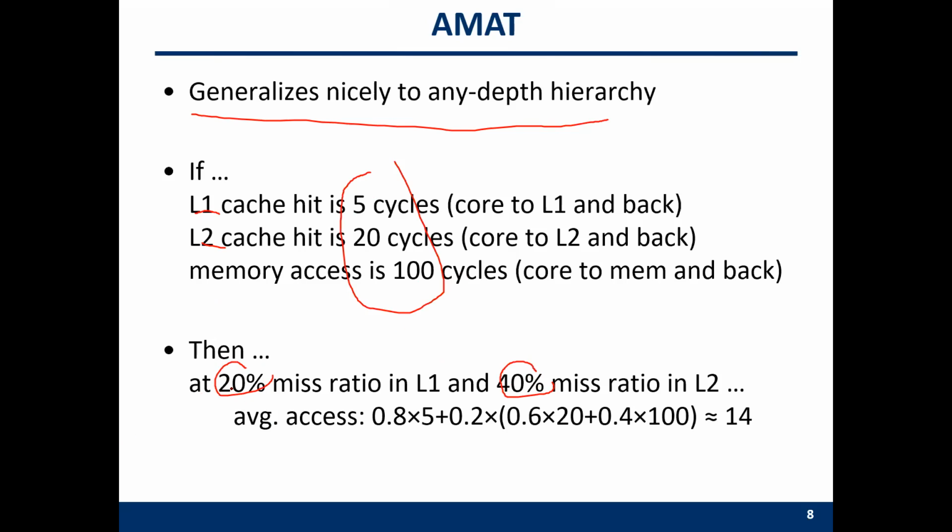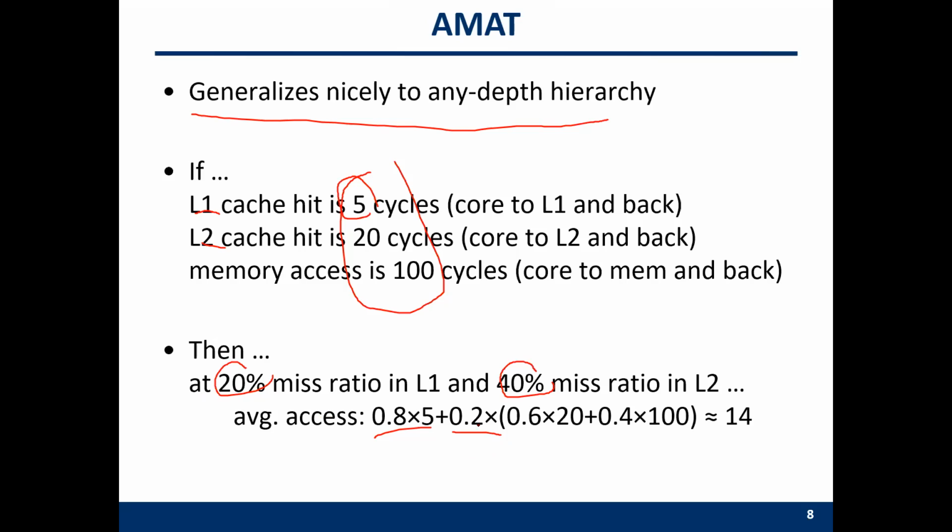If the miss ratio for the L1 cache is 20%, then the hit rate is 80%. So 80% of accesses get a 5-cycle hit, and the other 20% will get the rest. So how do we calculate the rest?